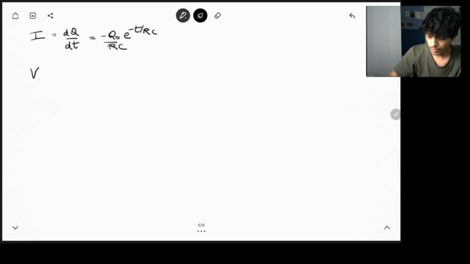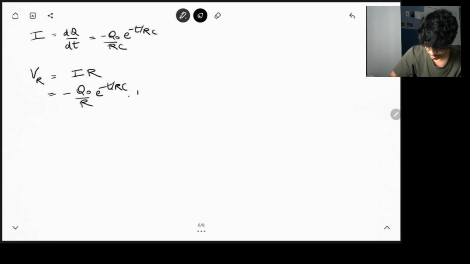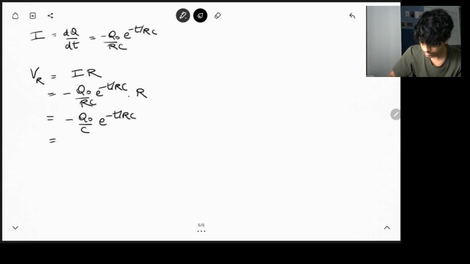If I want to find out what is the potential difference across the resistor, this is IR. So this is minus Q0 over R e to the minus t by RC times R. So this is minus Q0 over C e to the minus t by RC, or minus E e to the minus t by RC.